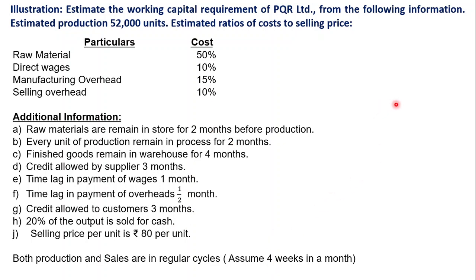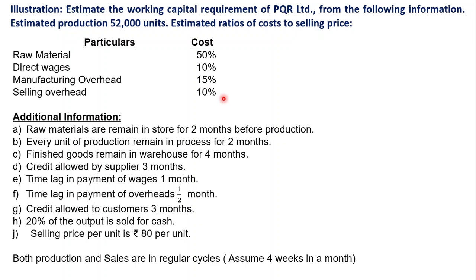So let us concentrate on the solution part. First, in this illustration, the per unit value of material, direct wages, manufacturing overhead and selling overhead is not given. So the first working note is to be prepared to arrive at the per unit value of raw material, direct wages, and manufacturing and selling overhead.